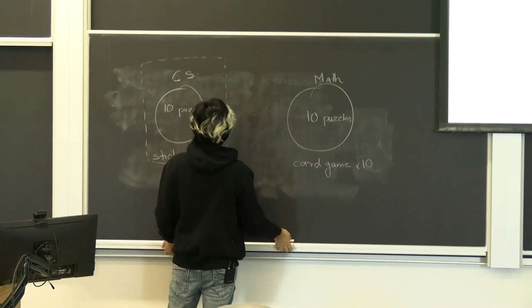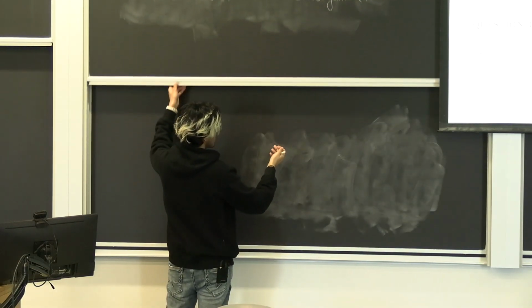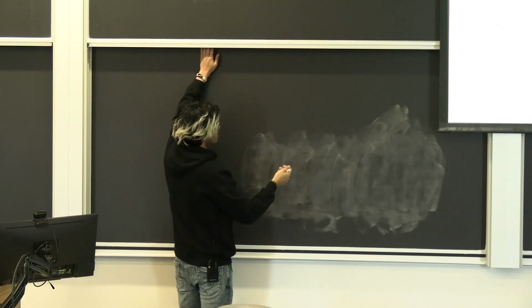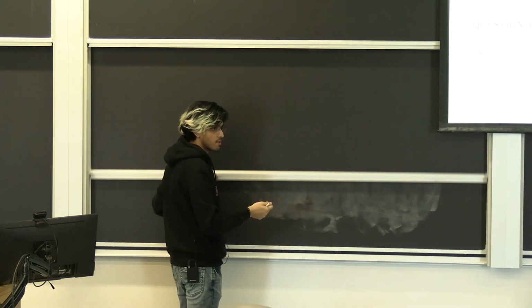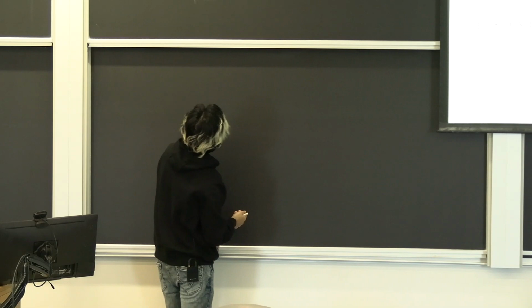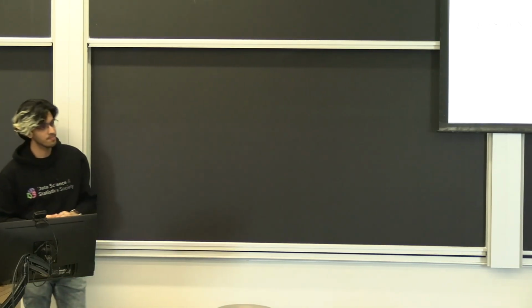Now, it would be 6 to the power 10 if all the prizes were unique, right? 1, 2, 3, 4, 5, 6, 7, 8, 9, 10.